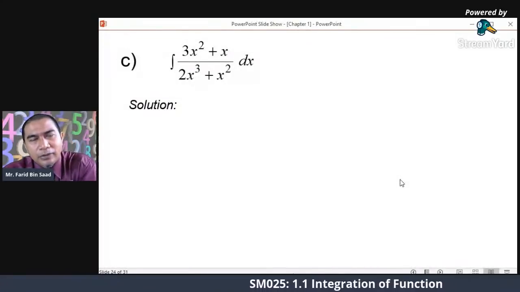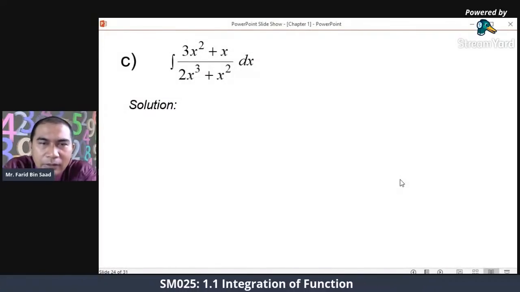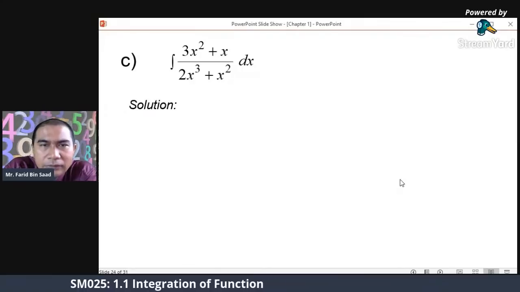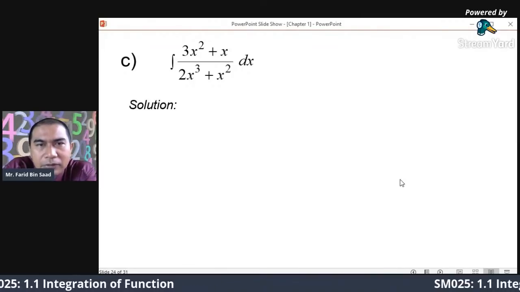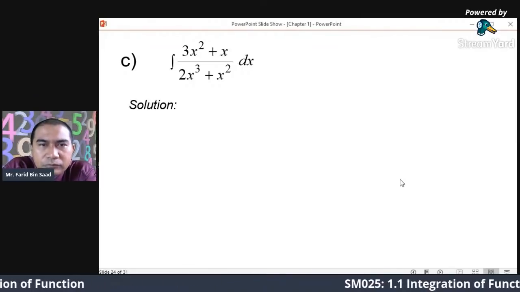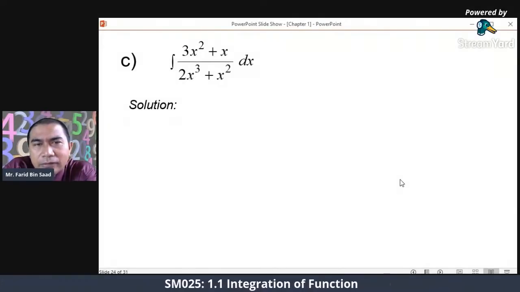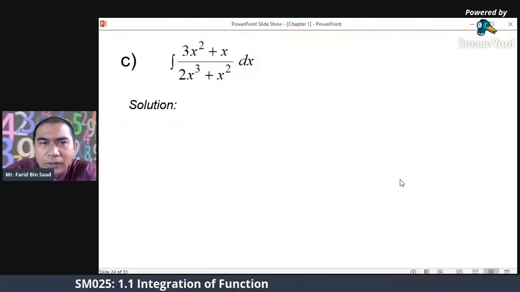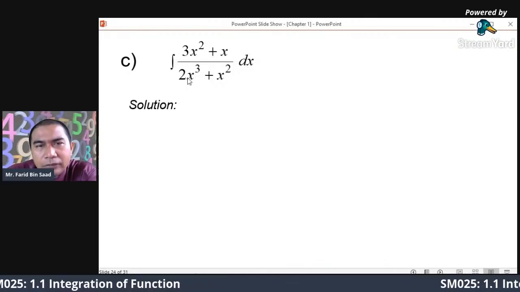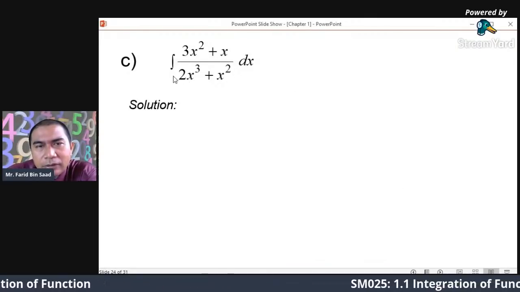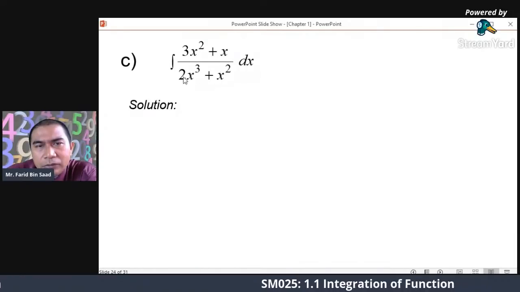This one is quite difficult, but if you understand what I've just said, you can solve this one. So please write down what is f x. f x is 2x cubed plus x squared.